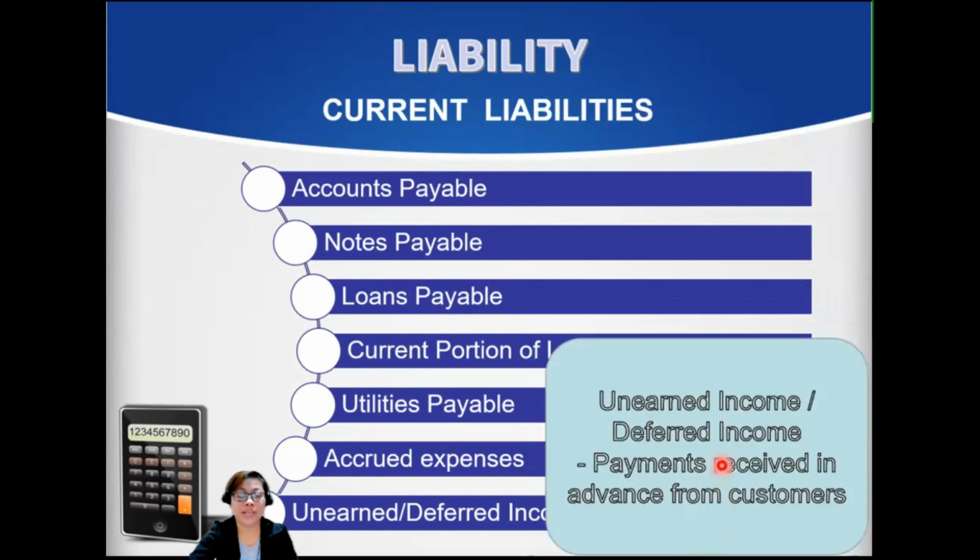Then we have unearned income or deferred income. These are payments received in advance from customers. Since you have already received the payment, but you have not yet delivered the goods or provided the service, that is a liability because you are yet to render the service or deliver the product in the near future.